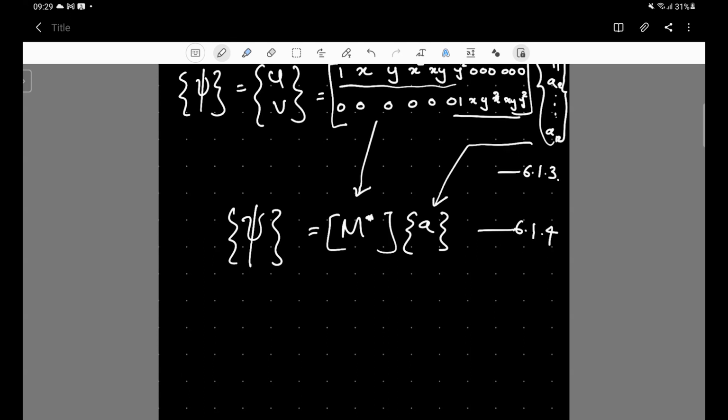So the coefficients from A1 to A12 can be calculated by substituting the coordinates in the following manner.